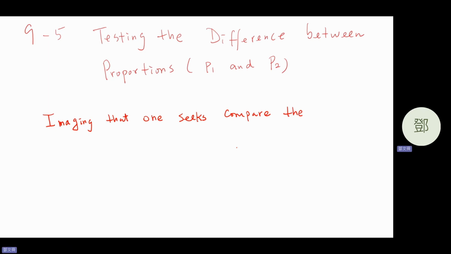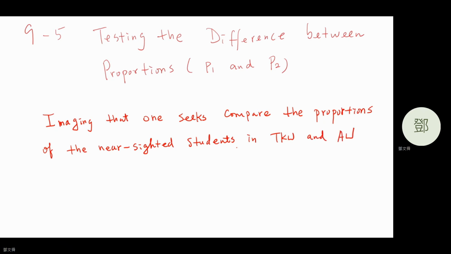One seeks to compare the proportion of nearsighted students in TKU and Althelia University, P1 and P2.